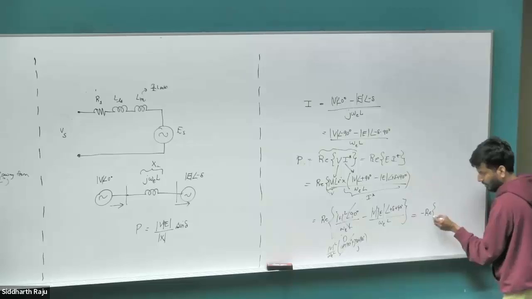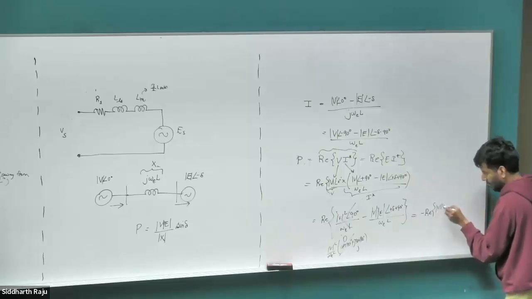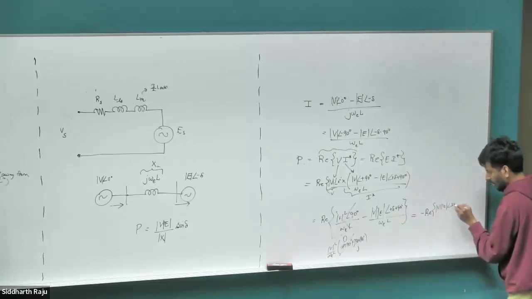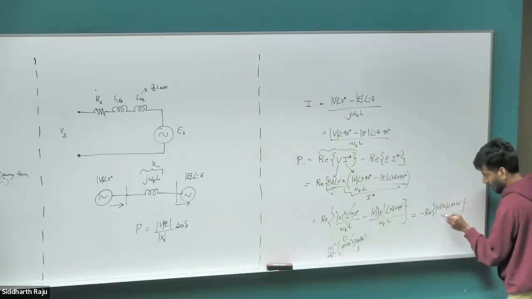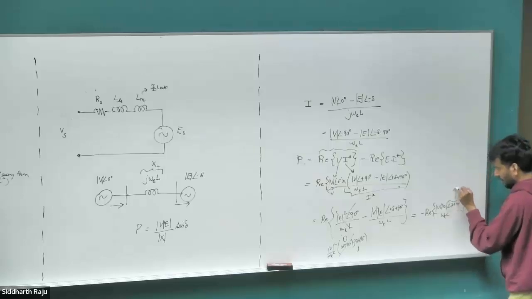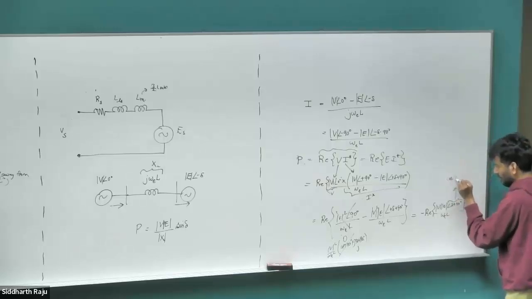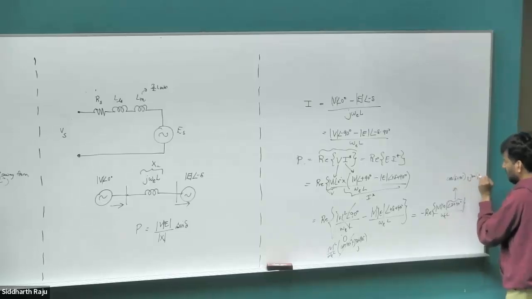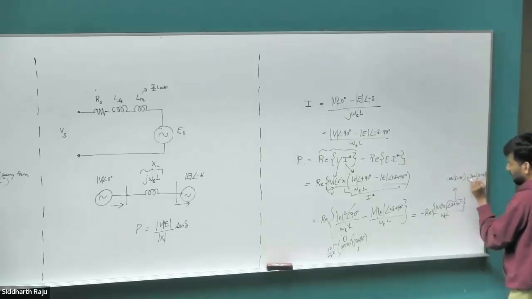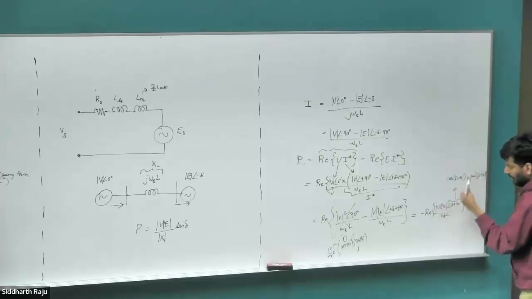So it's the real part of V times E times angle delta plus 90 degrees divided by omega E times L. Again, you can represent it as cos of delta plus 90 plus j sin of delta plus 90. Now this is purely imaginary, so the real operator will eliminate it.